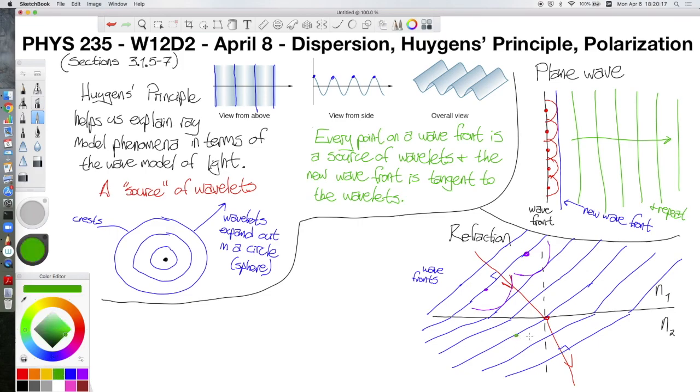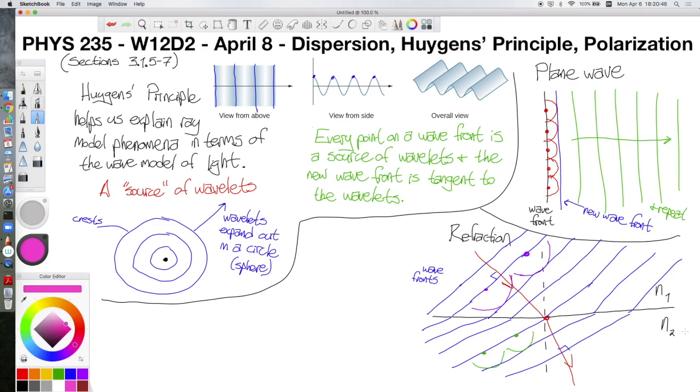So in terms of Huygens' principle, each of these points along the wavefront are also sources for new wavelets, and the new wavefronts are tangent to those wavelets. The difference is that these little green circles are smaller than these purple circles, and they're smaller because the light travels slower in the higher index of refraction medium.